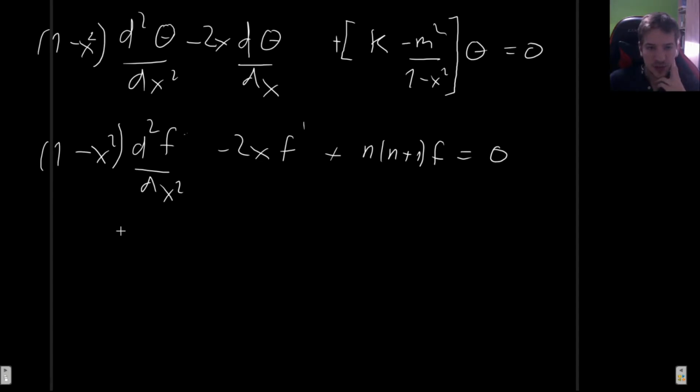So that's what we want to get to here. At least that's the shape that we want to get to. What we have right here is called the associated Legendre differential equation, and we want to see how we can solve it.